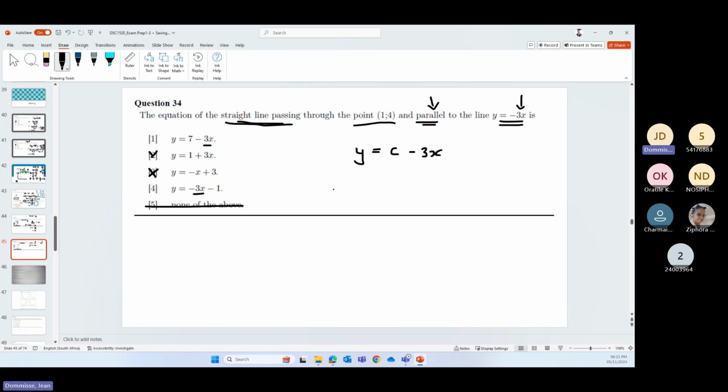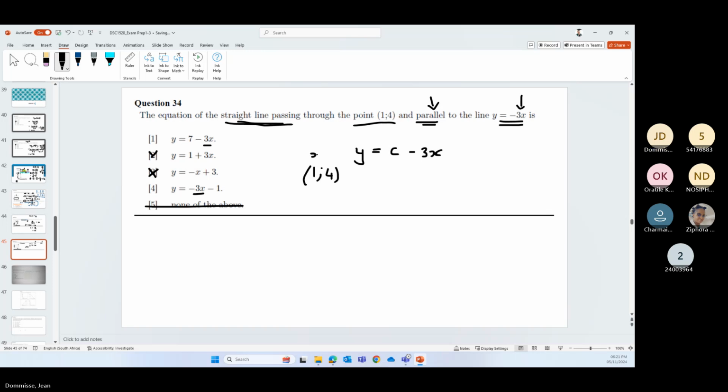We still need to work out everything. We still need to put in this point so that we can work out the C value, but at least only two options are left.